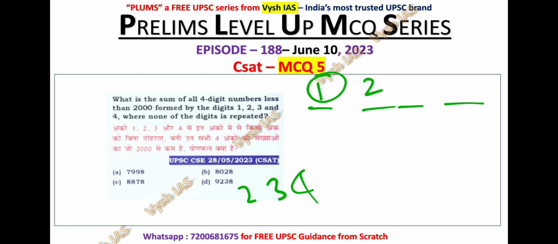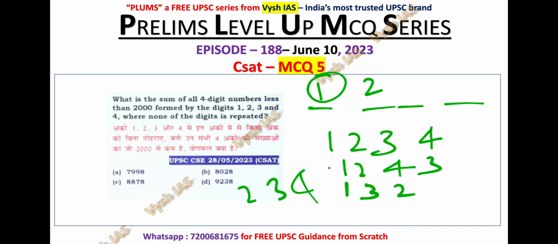In the first case, if you put 2 as it is, the 3 and 4 get changed. Again, if you take 3, 2 and 4, you'll get 1, 3, 4, 2. The other thing is, if you take in the second digit place 1, 4, 2, 3, 1, 4, 3, 2.